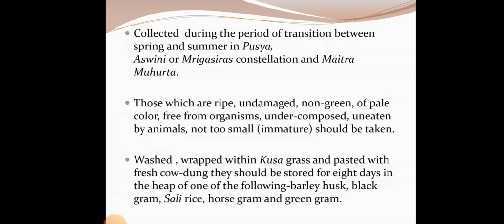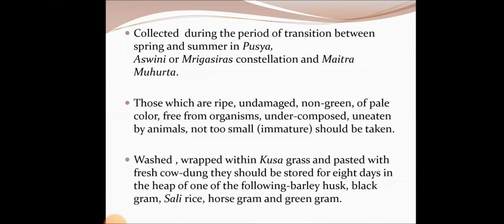Next, the processing. It should be washed, wrapped with kusha grass. Tani pramrijya means washed. Kushapute baddhva, wrapped within the kusha grass and pasted with fresh cow dung, gomayena alipya.